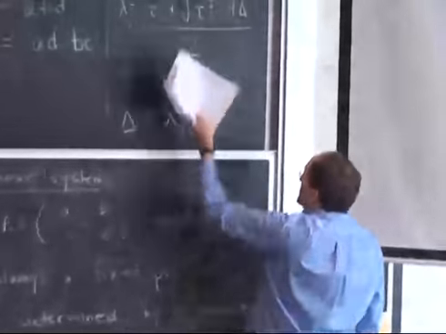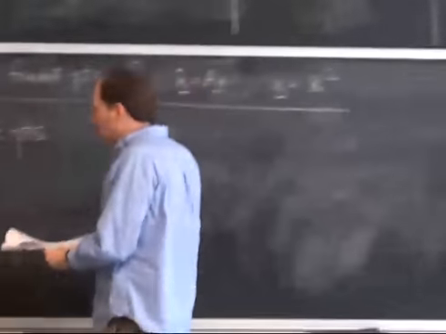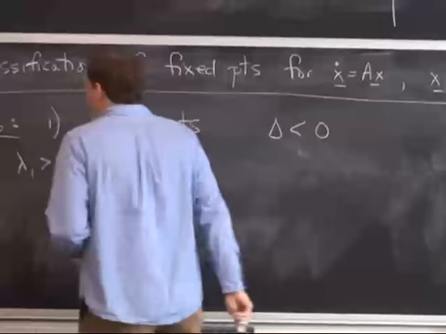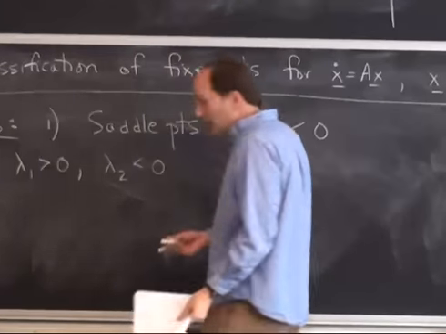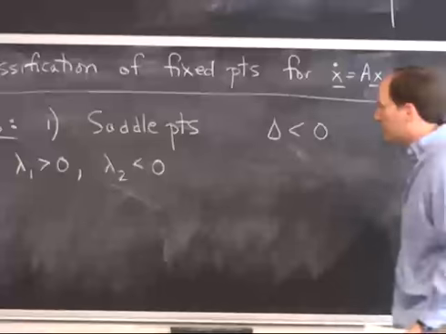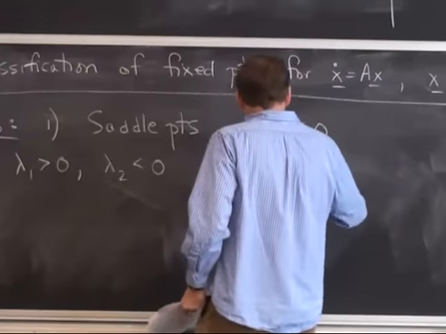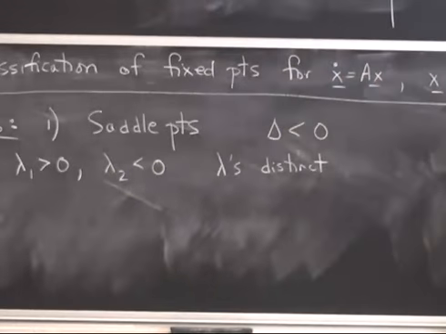So by just evaluating this, you can check that one of the lambdas is positive and one is negative, and therefore they're distinct. That is, they're not equal. One's positive, one's negative. And there's a nice theorem in linear algebra that when you have distinct eigenvalues, you have two eigenvectors that are linearly independent.